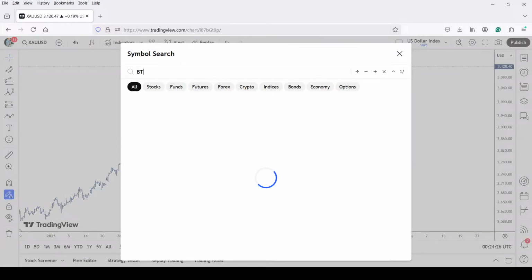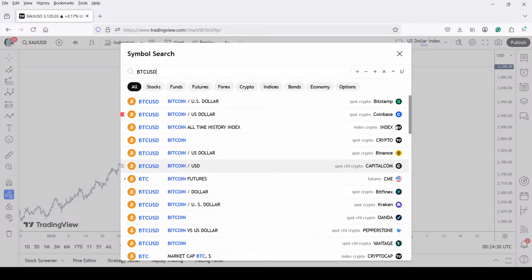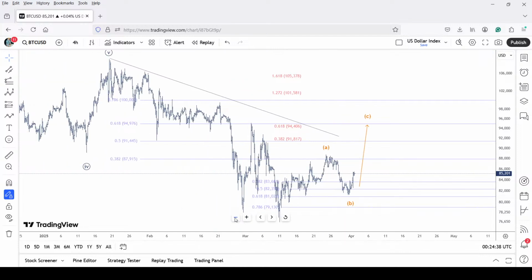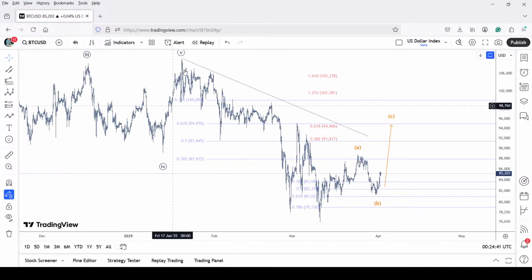Finally, before we bring this session to a pause, the Bitcoin chart. We have already confirmed Bitcoin has moved 5 waves lower, 1, 2, 3, 4, and 5.